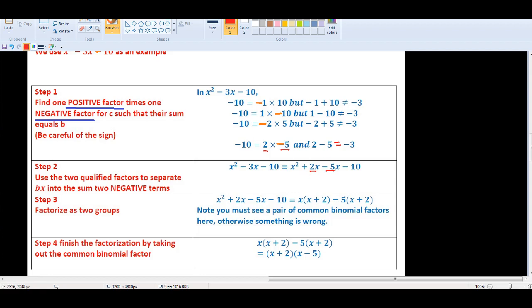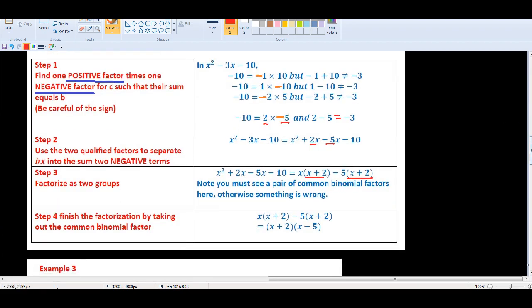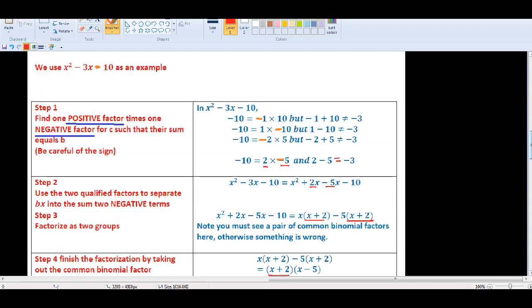Again, you create 4 terms, and from these 4 terms you group the first 2 as one group and the last 2 as the other group, and you take out their common factors. Then you will see a pair of common binomial terms. That pair becomes the common HCF, and you put the rest in the bracket. That's how we do it.